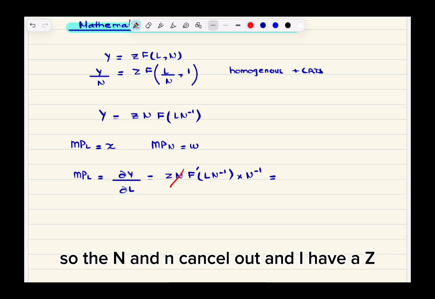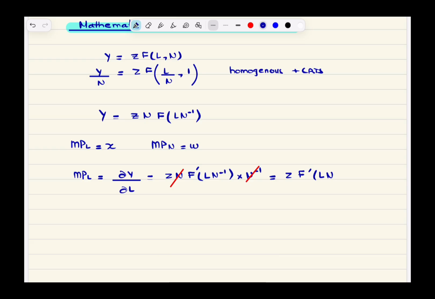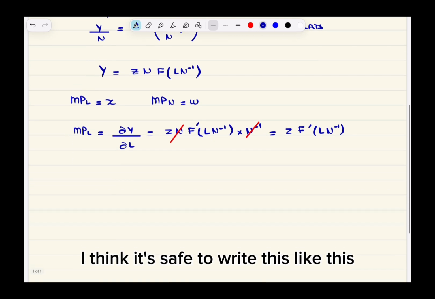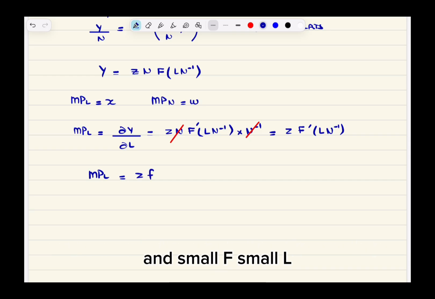The N and N cancel out, and I have a Z and then the derivative of f with respect to L. I think it's safe to write it like this: the marginal product of land is equal to Z times small f prime of small l.